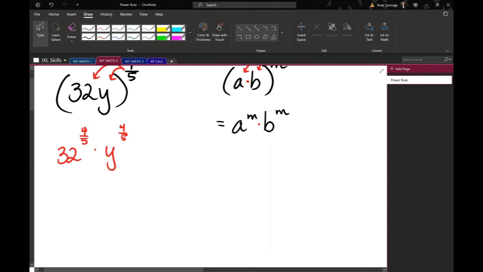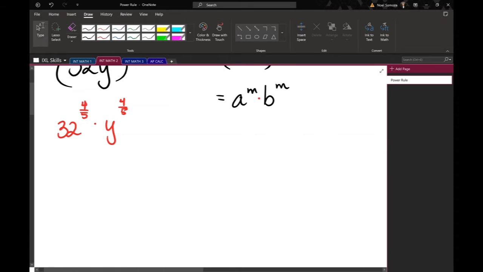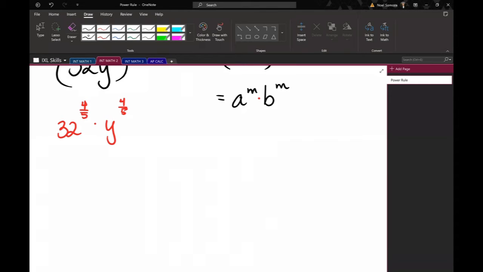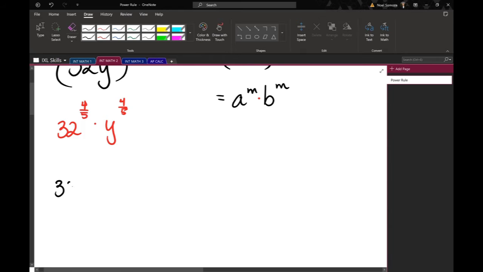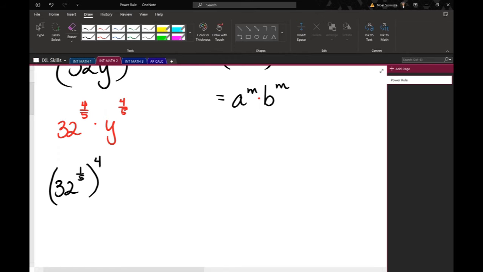All right. So first, we're going to try to clean up this 32 to the 4/5. Now here's something that you can think of. This is like saying 32 to the 1/5 power taken to the 4th power. The reason why I do it that way is because I can find the 5th root of 32.